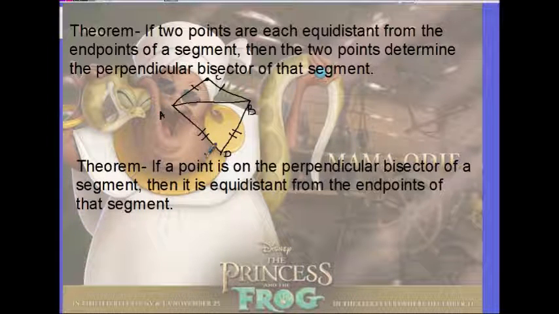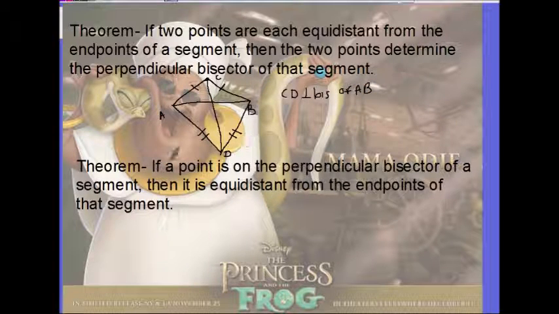What this theorem says is when you have these 2 points equidistant from the endpoints of the segment, then if you have a connection between these 2 points, what that means is that segment CD is actually going to be the perpendicular bisector of AB. So that's what that theorem says.